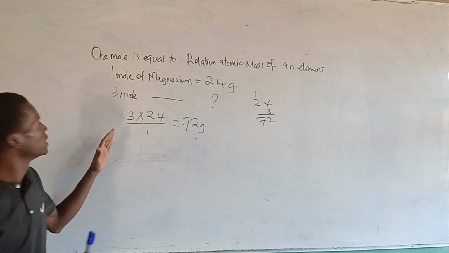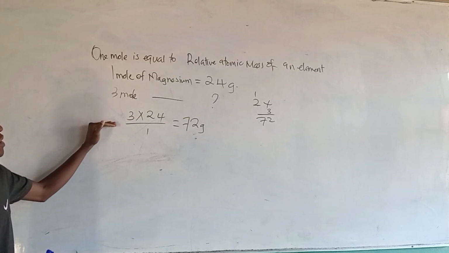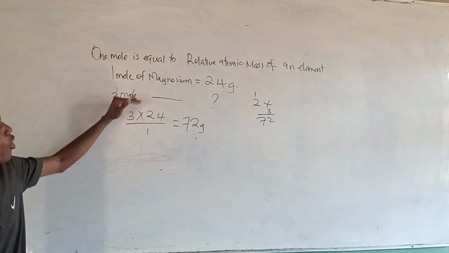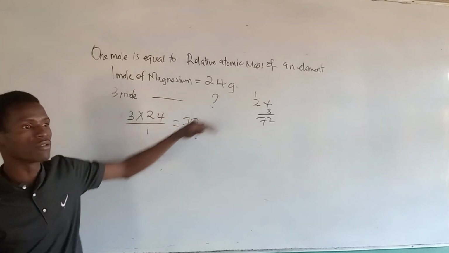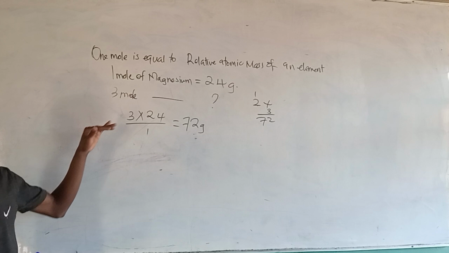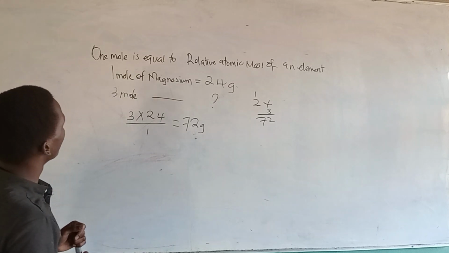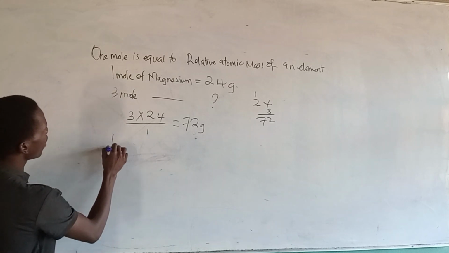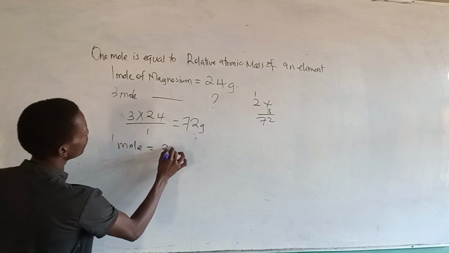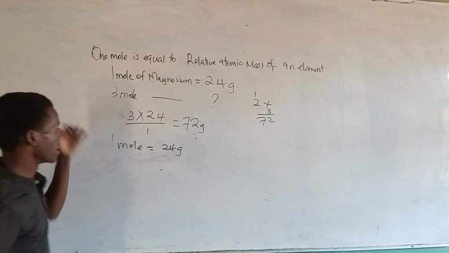So we can relate moles with mass in terms of grams, and from there we are able to calculate. Now, 1 mole is equal to 24 grams of magnesium.